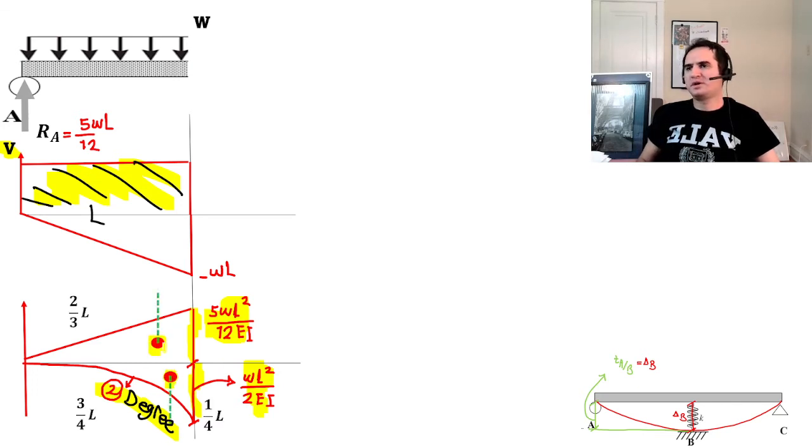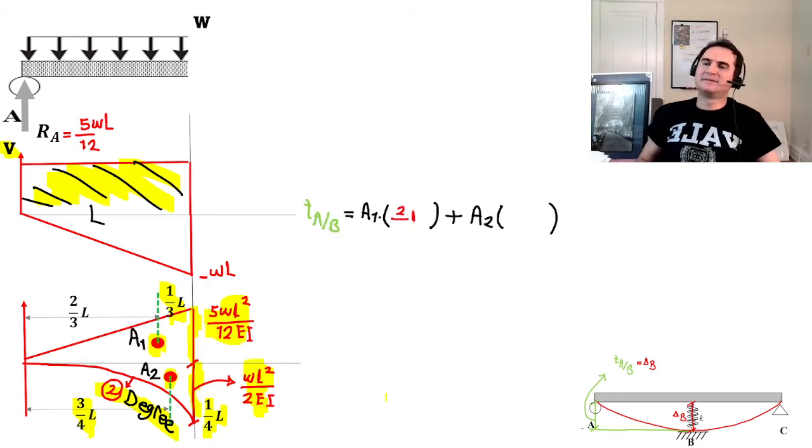The centroid for each part is just given. For the triangle, it's 1/3 from the base, and for a second degree curve, it's 1/4 of L from the base and 3/4 from the other side.